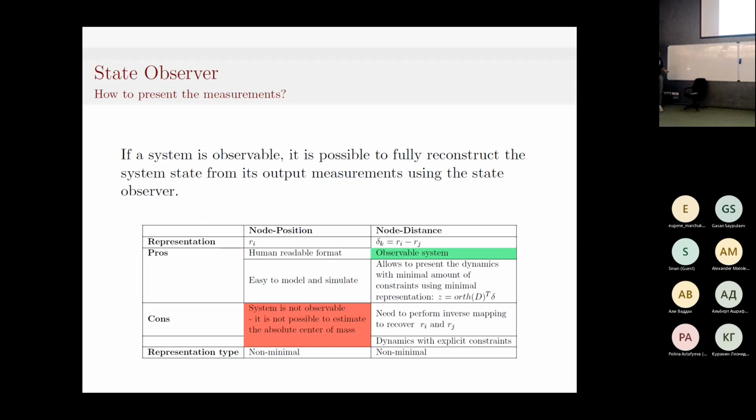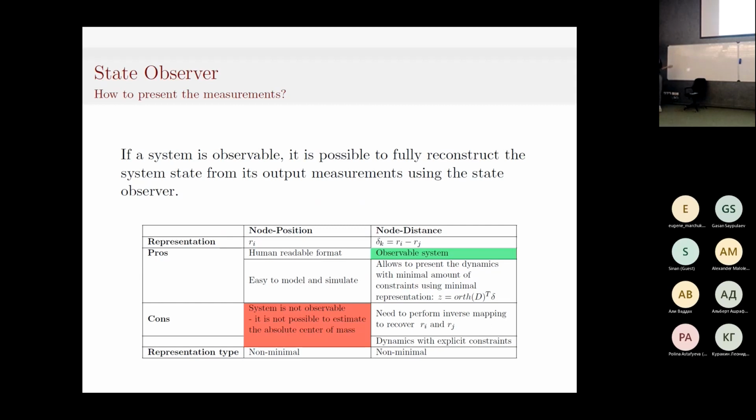However, not all systems are observable. If a system is observable, it is possible to fully reconstruct the system state from its measurements. For example, when a vehicle is going through a tunnel, we can collect information from sensors, and then we can reconstruct the position and velocity of the vehicle while it was in the tunnel.